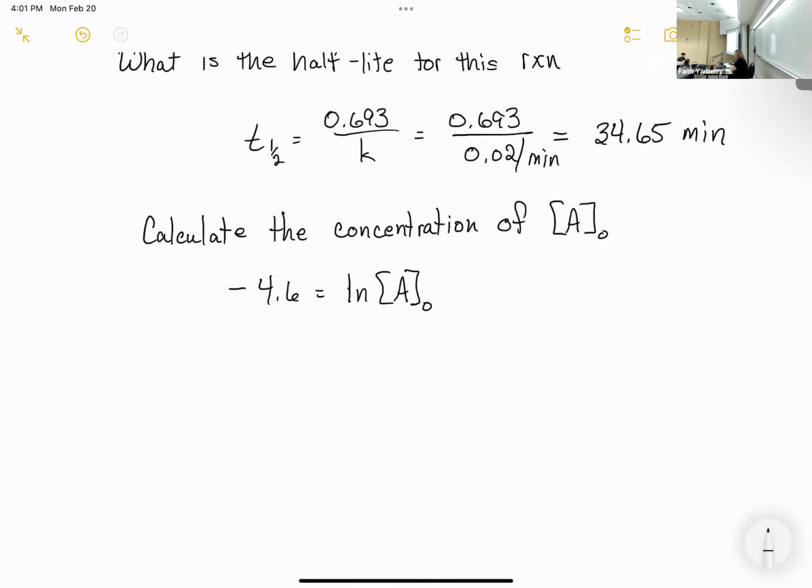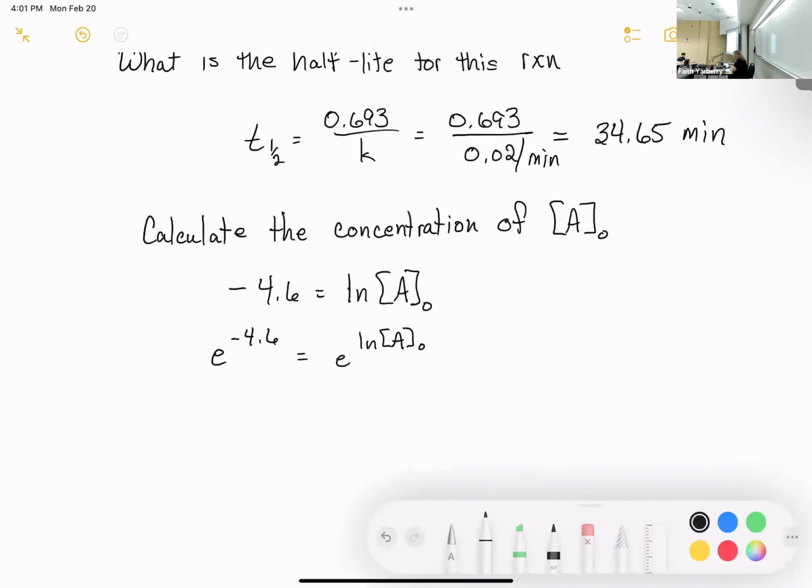To get rid of natural log, we raise the entire thing to E. So E to the -4.6 is equal to E to the natural log of A naught. That will cause the natural log on the right hand side to go away.